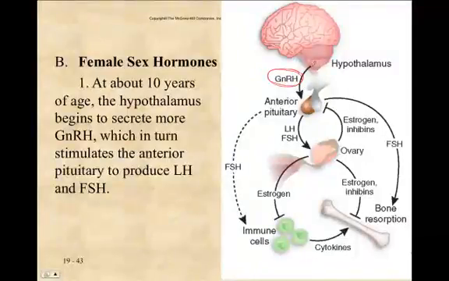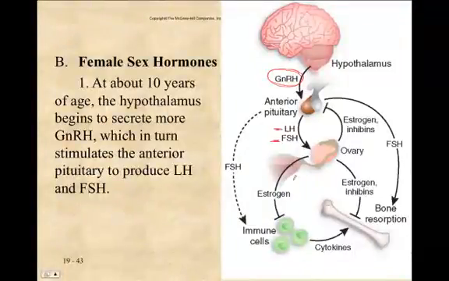That gonadotropin-releasing hormone is released from the hypothalamus and travels through the blood to the anterior pituitary, where, just like it did in men, it's going to stimulate the anterior pituitary to release, you guessed it, luteinizing hormone and follicle stimulating hormone. Now, as you're going to see, the release of luteinizing hormone and follicle stimulating hormone will eventually, and we'll talk about how this happens, cause the release of estrogen.